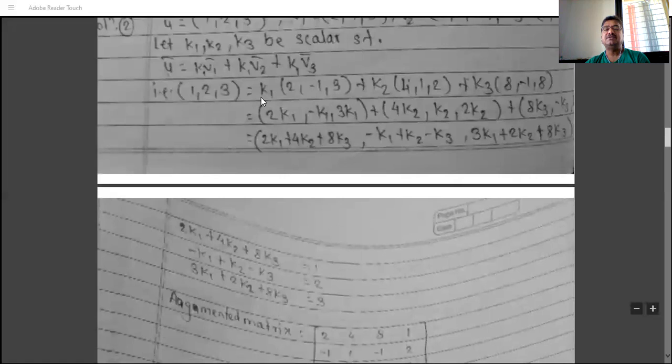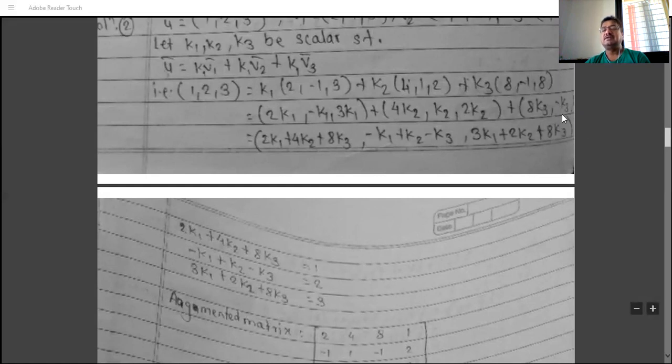Then apply the definition of scalar multiplication. Multiply by k1 to this vector (2, -1, 3), we have (2k1, -k1, 3k1), plus multiply by k2, so (4k2, k2, 2k2), and multiply by k3, we have (8k3, -k3, 8k3).